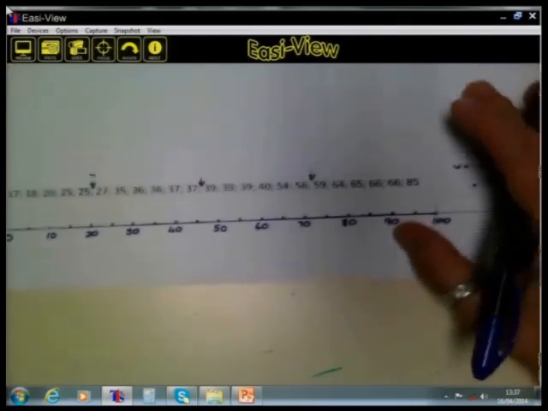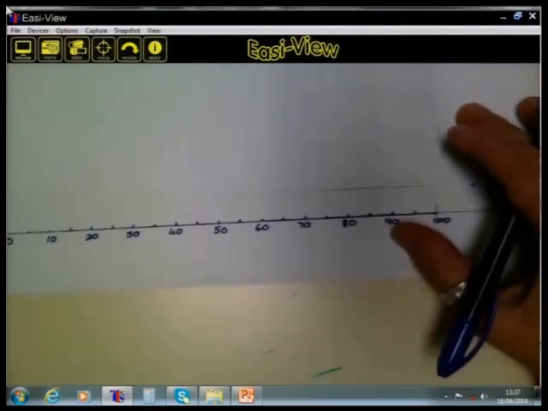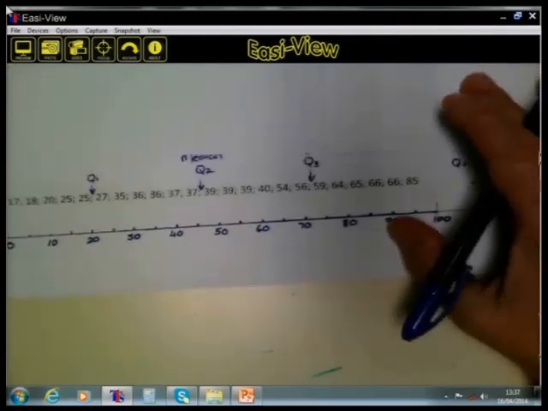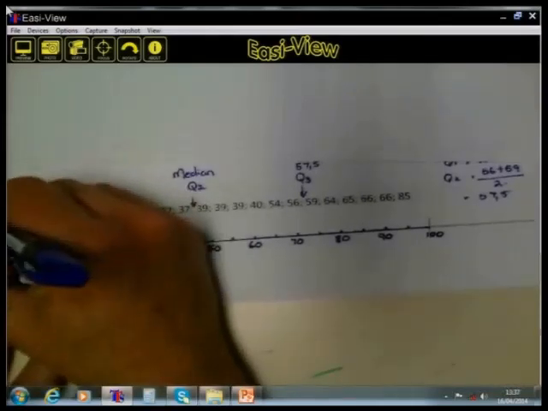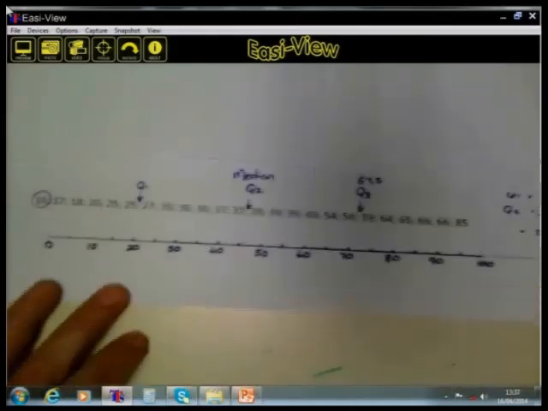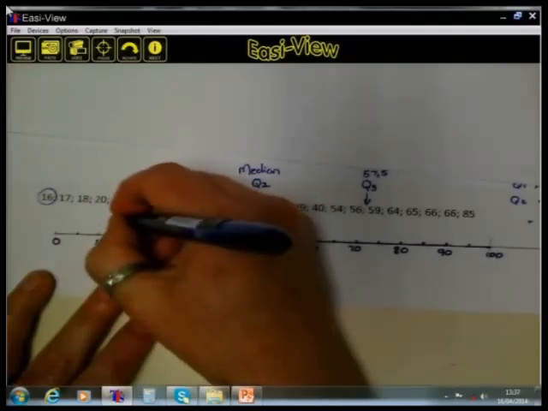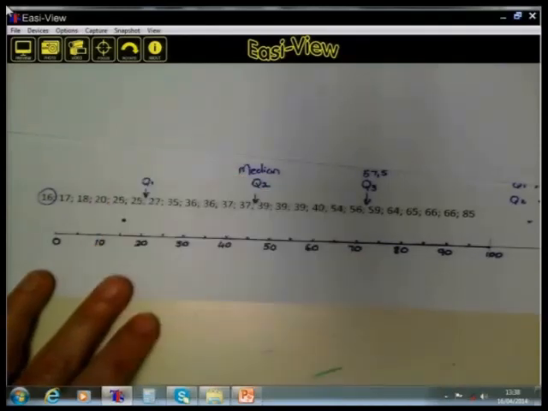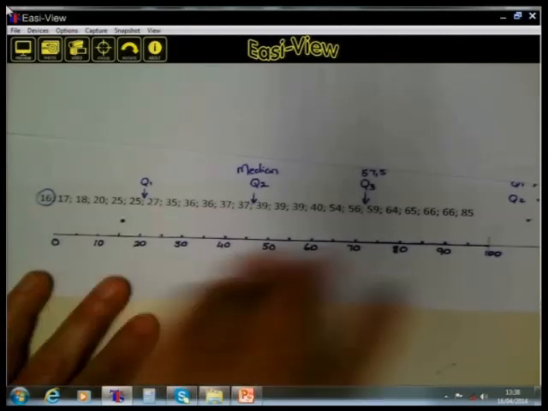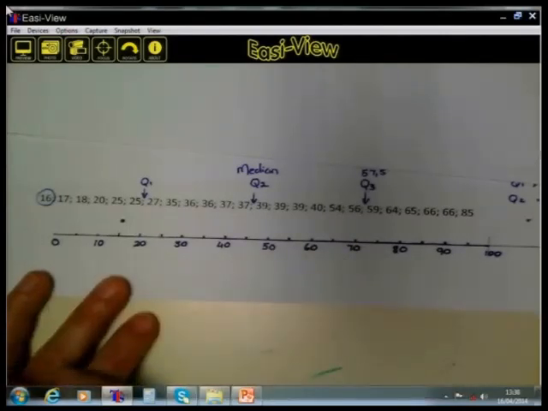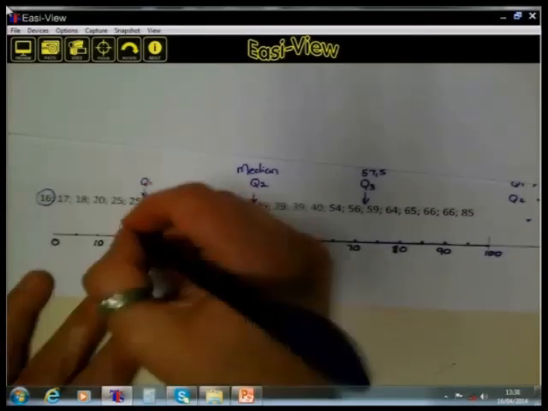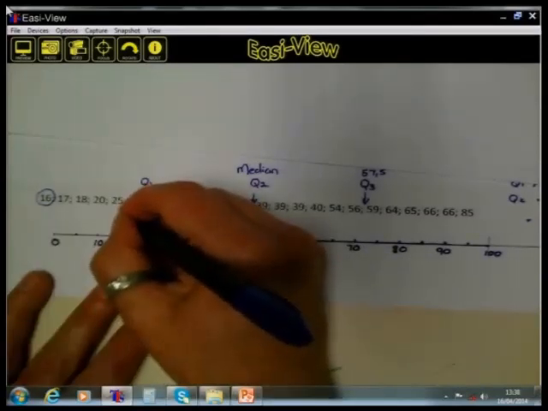If I bring that information over, the lowest value obtained by a learner was 16. If I plot that 16 on the line above this axis, I can put it just there. So 16 is my lowest value.